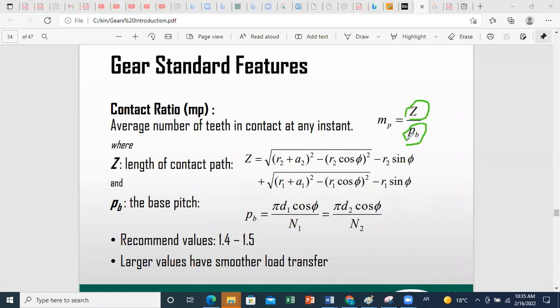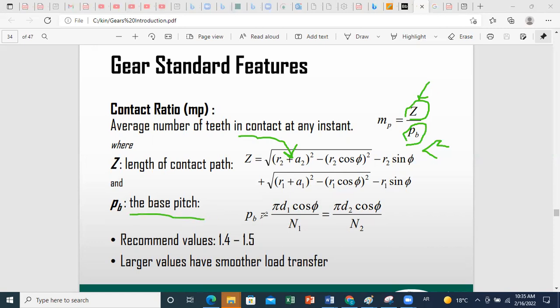So we have to calculate these two numbers. The length of the contact path is given by the following formula, and it depends on the pitch radius and the pressure angle. We also have the base pitch.